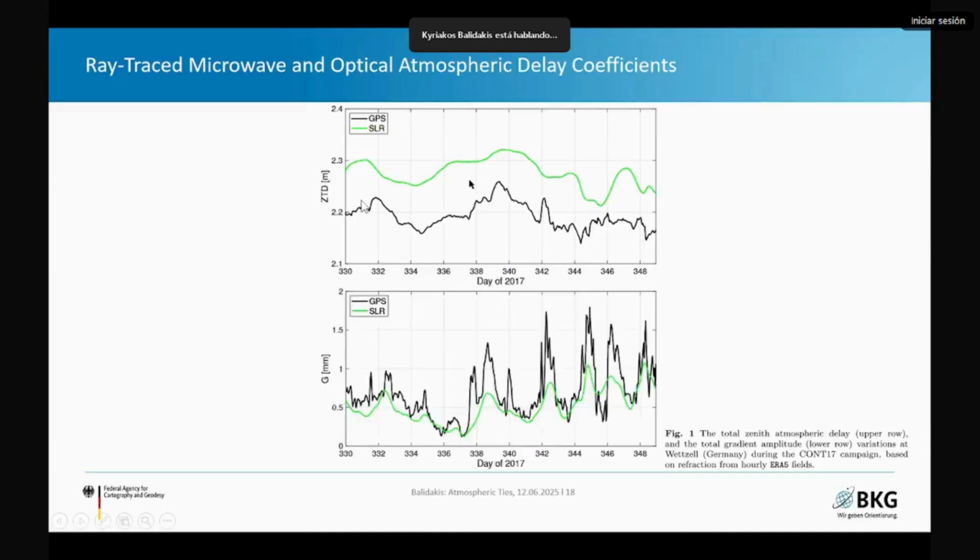Second, for the gradients, we see that the GNSS gradients are a quite noisy time series, but the gradients from SLR are also very smooth. And this is again due to the absence of water vapor.